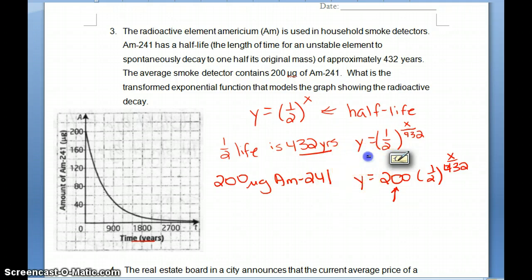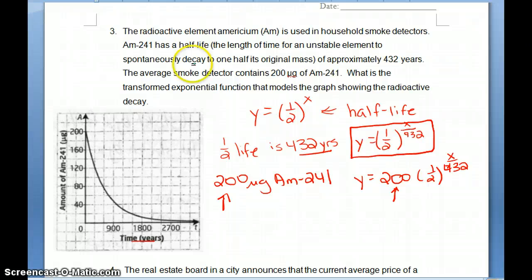Well, the equation we had above was for 1 microgram of AM241. Now we have 200 of them, so we have to multiply that whole thing by 200. We're not given any more information, so from what we know, this is our exponential function.